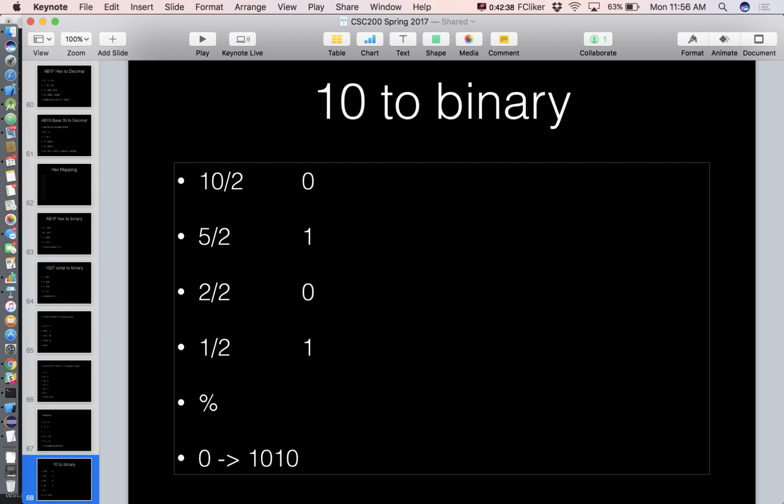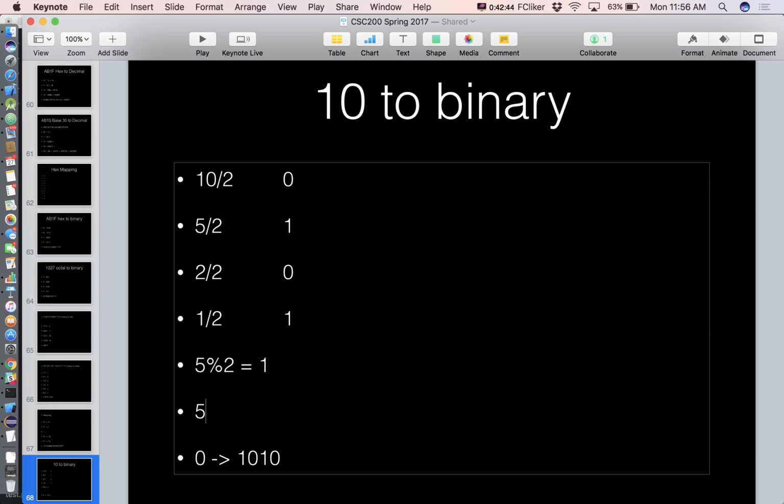That gives us the remainder of an integer division. 5 mod 2 gives us a 1. 5 divided by 2 for integer division will give us the 2. 2 goes into 5 2 whole times with remainder 1.